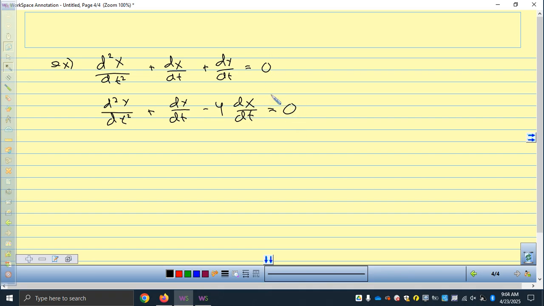These equal 0. That's nice. I'm going to say x of 0 equals 1, x prime of 0 equals 0, y of 0 equals negative 1, and y prime of 0 equals 5. Let me make that 5 a little clearer, there we go, 5.